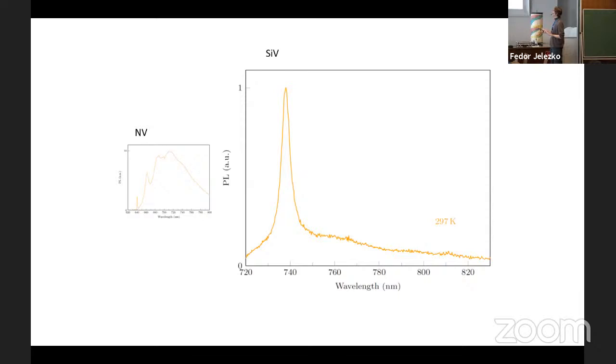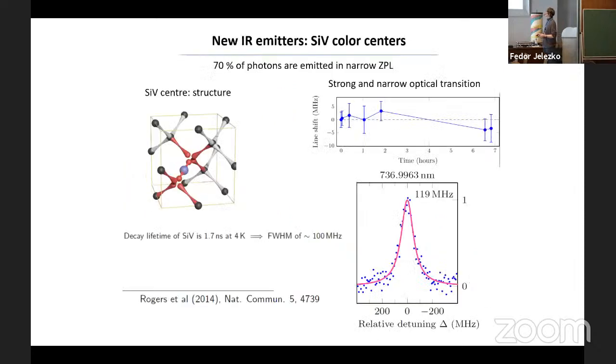So here is a comparison of the fluorescence spectrum of the NV center compared to silicon vacancy. You see NV has a very tiny fraction in the zero phonon line, and the silicon vacancy center has a strong zero phonon line, and that's another important parameter for allowing to couple spins to photons.